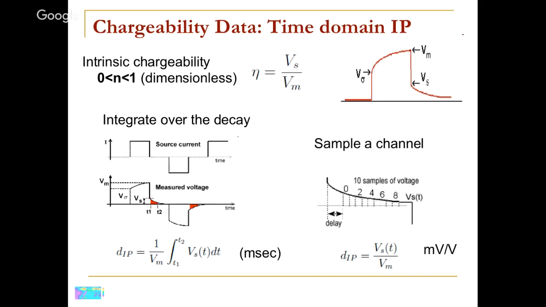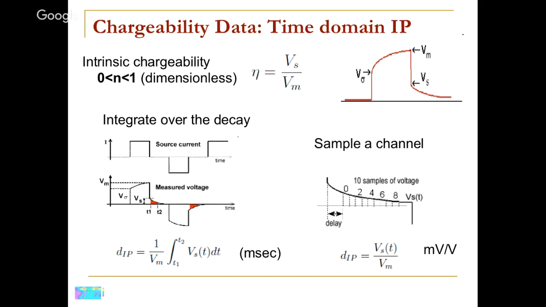Another thing that you could measure is maybe the integral of this curve out here over a certain length of time. And there was an era in geophysics where it was kind of standardized that there'd be a start time t1 and stop time t2, and the instruments would measure the integral of this curve here as being representative of the chargeability.